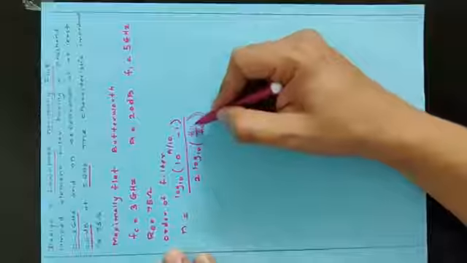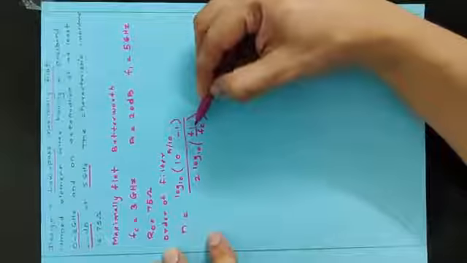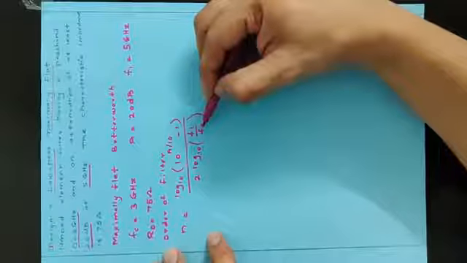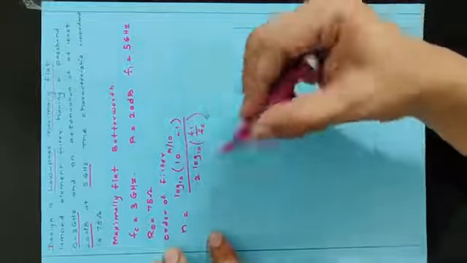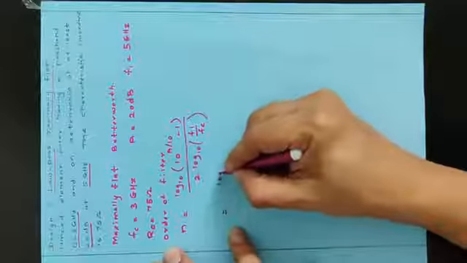Here in the denominator we will have f1 by fc if the filter is low pass filter, otherwise it will be fc by f1 for high pass filter. So let us substitute all these values and calculate n.